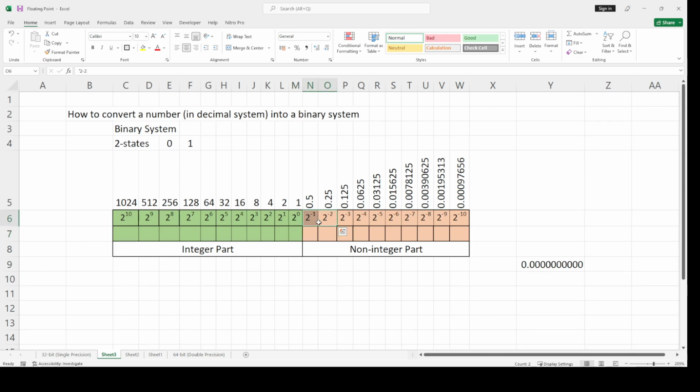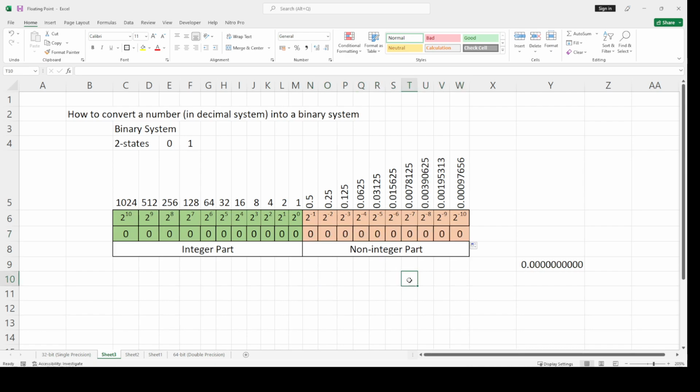But this is also an integer part. So it's easy to convert the decimal system into the binary system. We can look at this one. Imagine these are all switches, like switches in a light bulb. So let's try first putting all of them at 0.